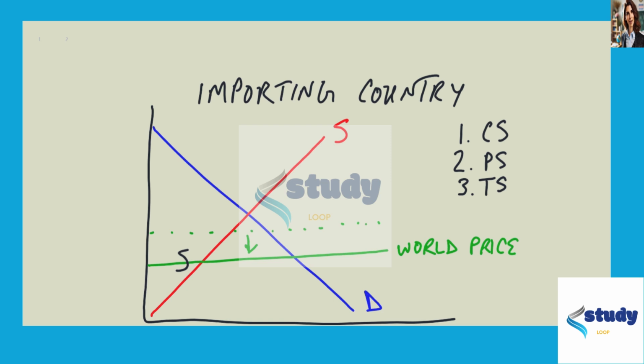Okay, now once we actually move down to the solid green line, the new world price, the consumer surplus has now expanded to include everything above the solid green line and below, to the left of, that is, the demand curve. The producer surplus, meanwhile, has shrunk.